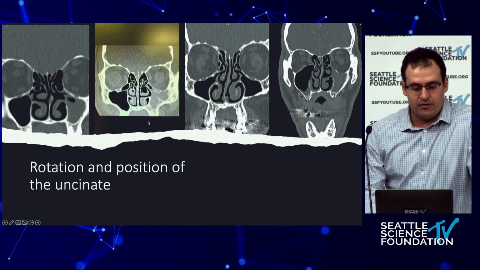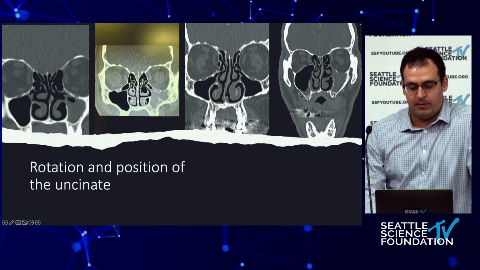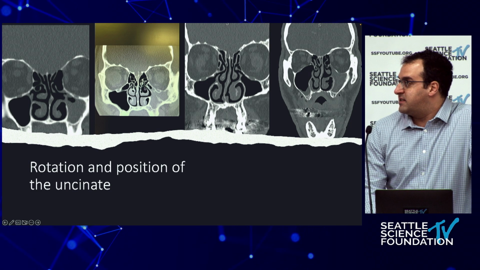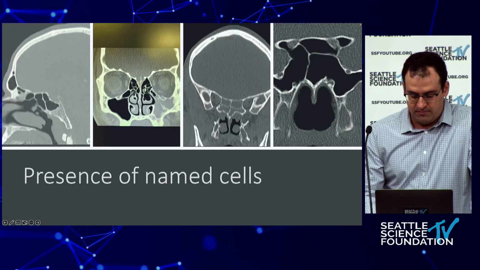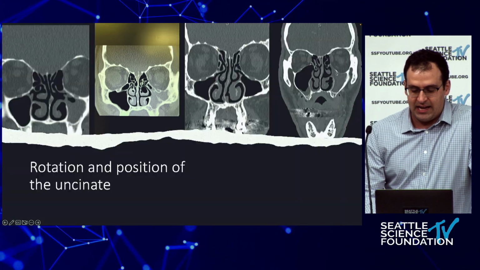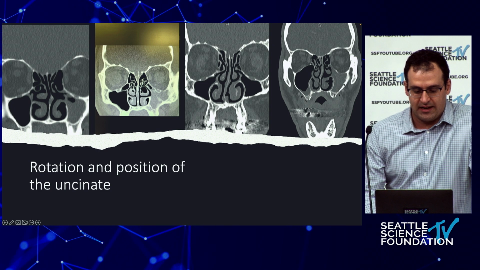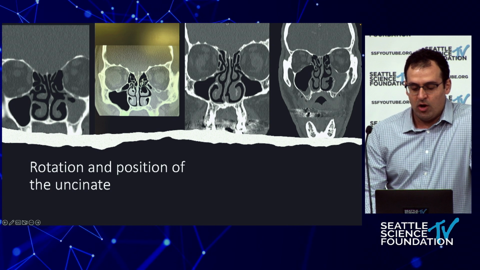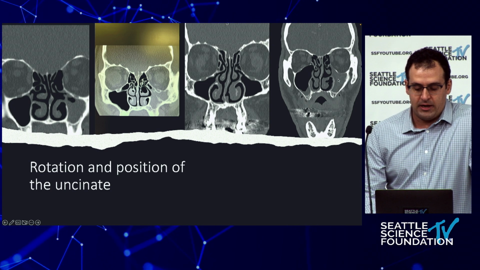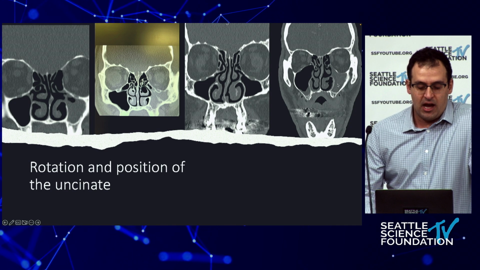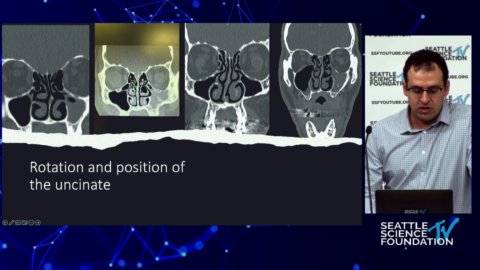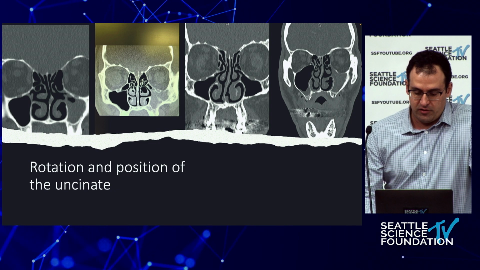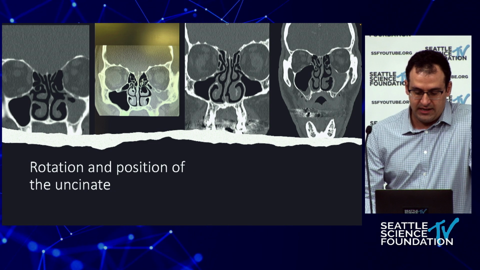So be aware of how it's sitting in comparison to other named cells, such as a Haller cell here, or this atelectatic, or moving towards atelectatic, sinus here, where it's going to be plastered right on the orbit. Understand how you're going to get that, and anticipate what instruments you might need to fully remove that uncinate and allow for movement to the next stage.